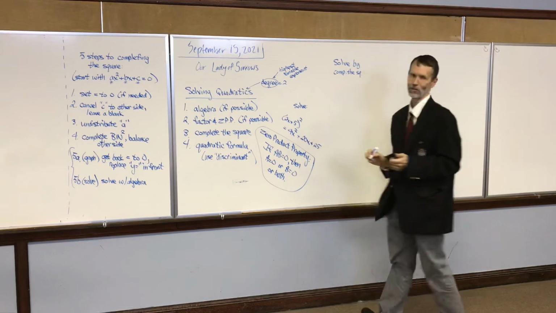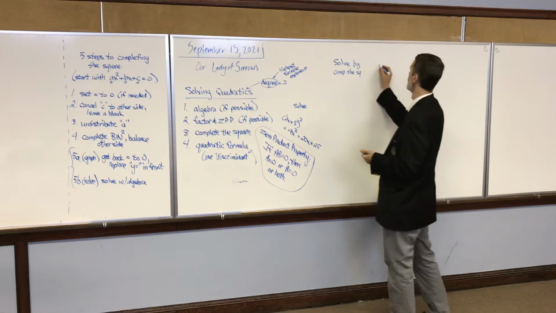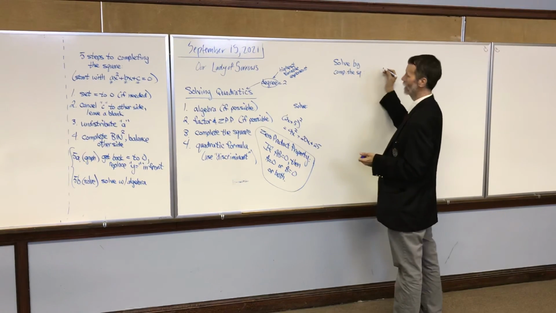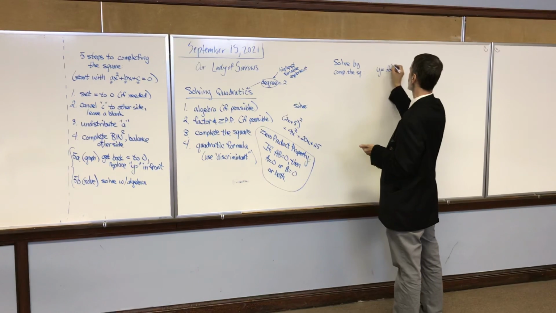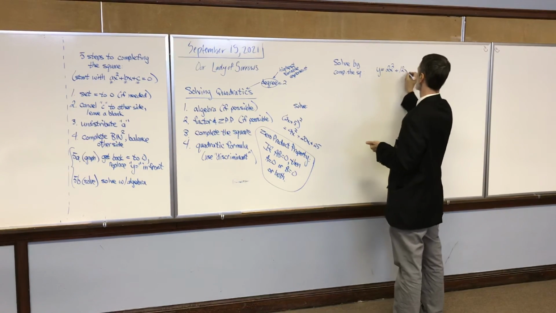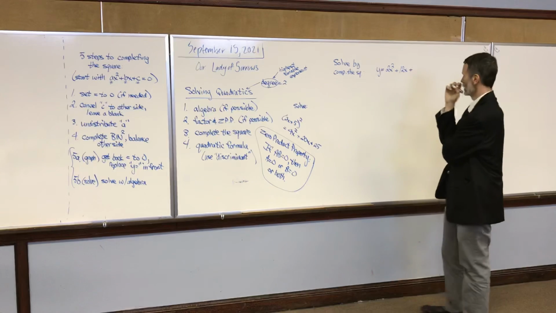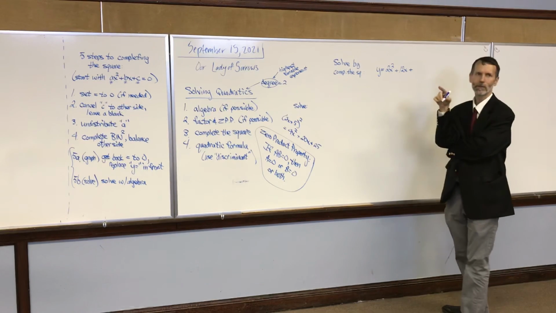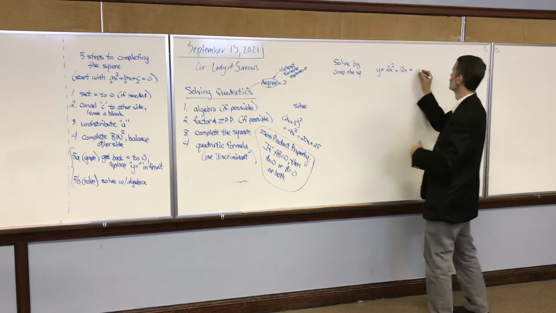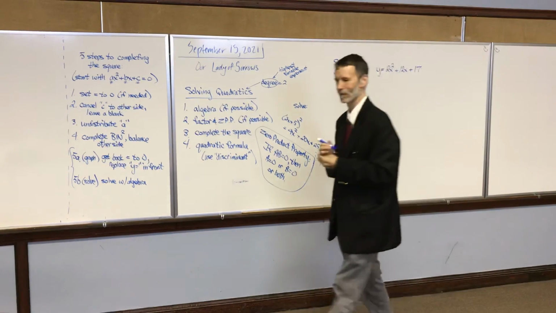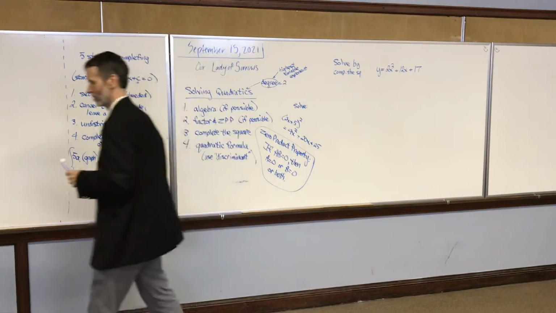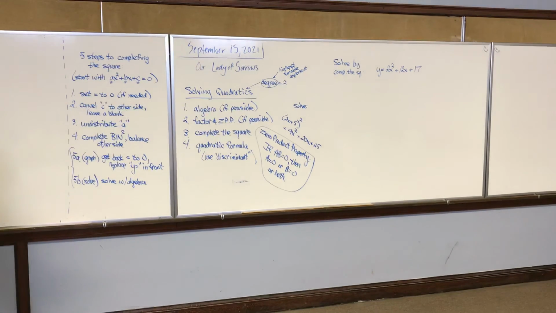I'm going to abbreviate it. So let's say y equals 2x squared plus 12x plus 17. Go ahead and write that down.